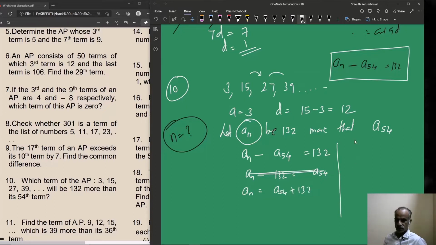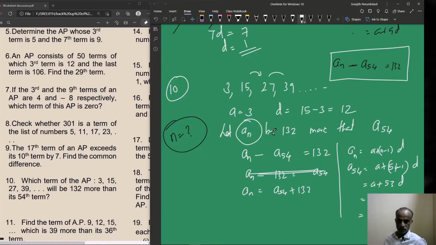What is A54? An is equal to A plus (n minus 1) into D. So A54 is A plus (54 minus 1) into D, that is A plus 53D. A is 3, so 3 plus 53 into 12.